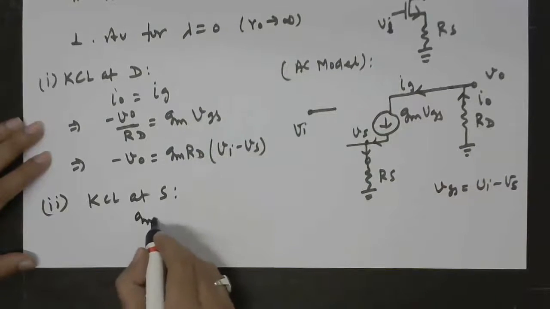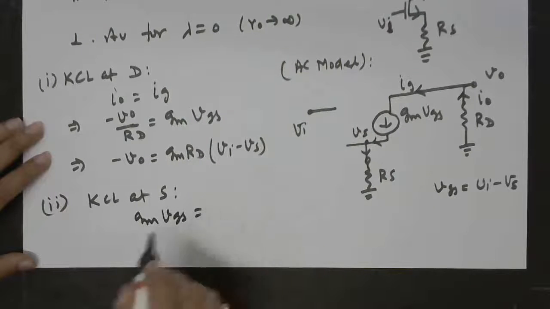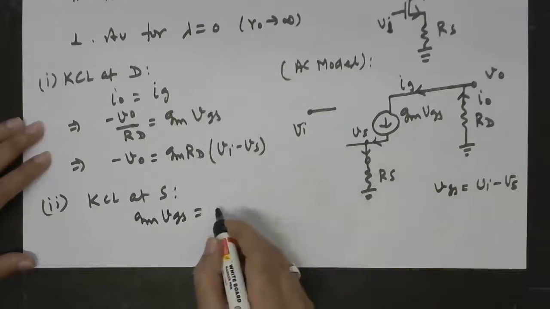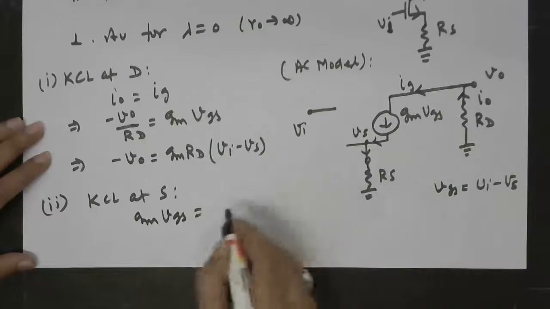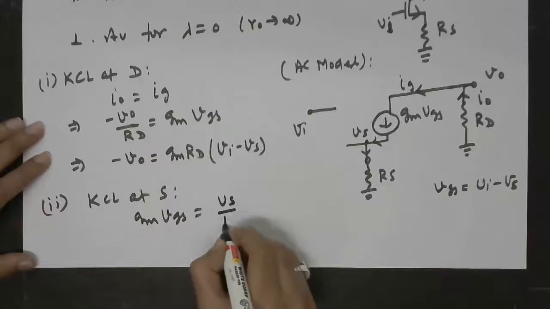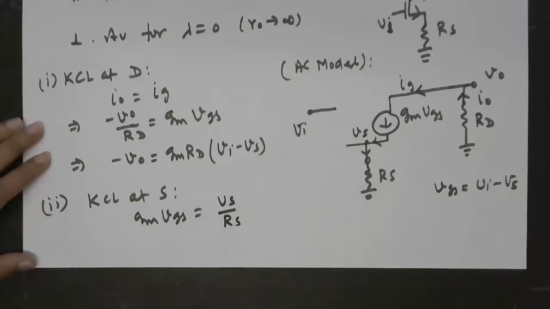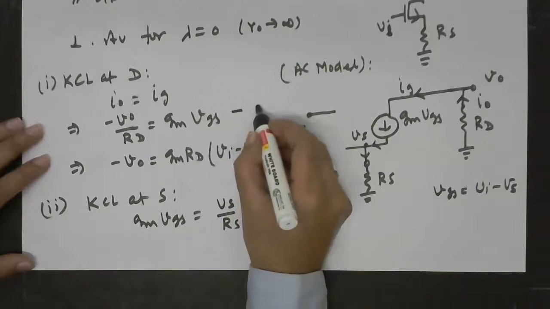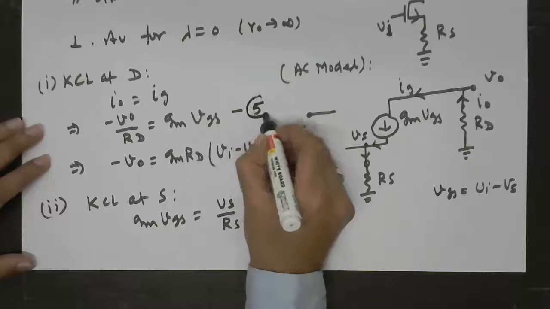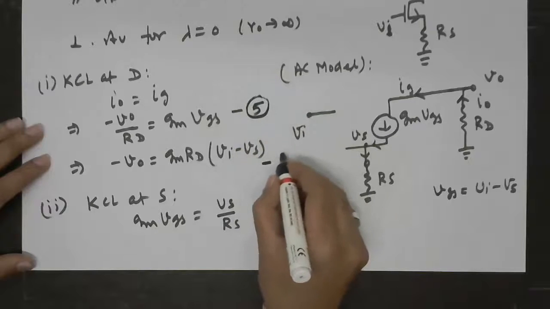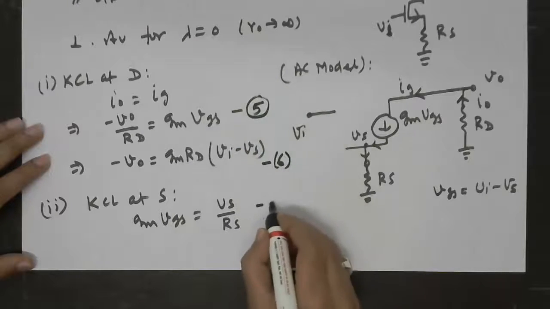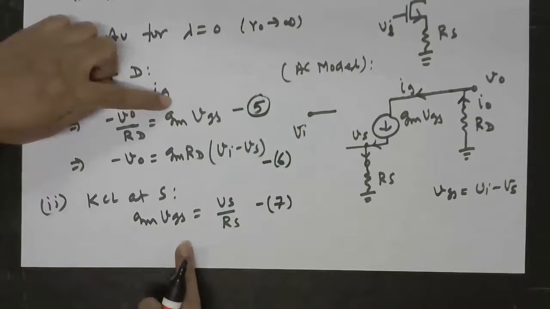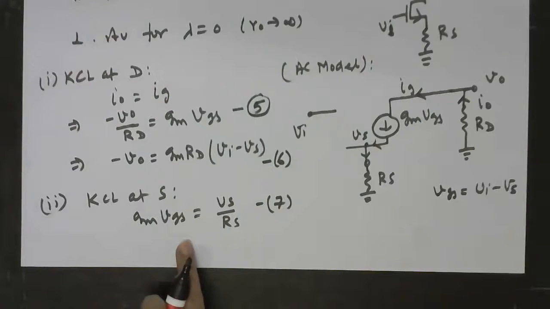So this Gm VGS is equal to the current that flows through this, which is Vs by Rs. So we have here equation 5. So from 5 and 6 we can find out what is Vs.